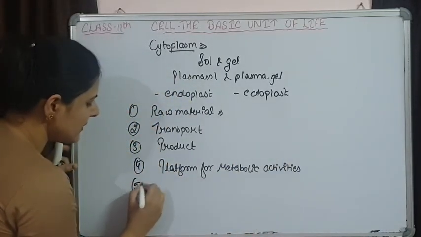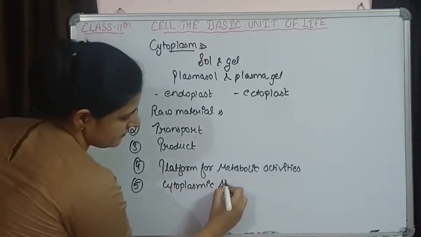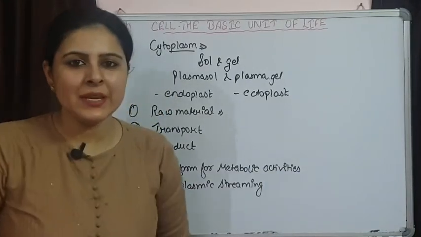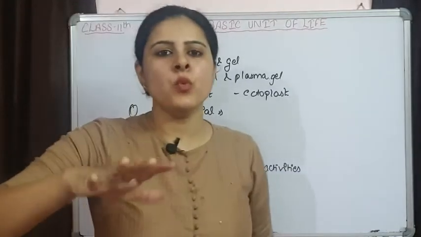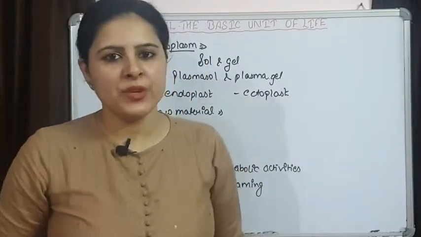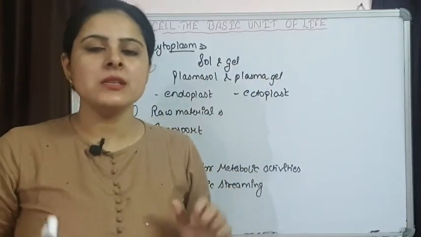And cytoplasmic streaming is there. It means the cytoplasm is not stable, it is continuously in motion, and that is known as cytoplasmic streaming. And lots of membrane-bound organelles are present in this cytoplasm.